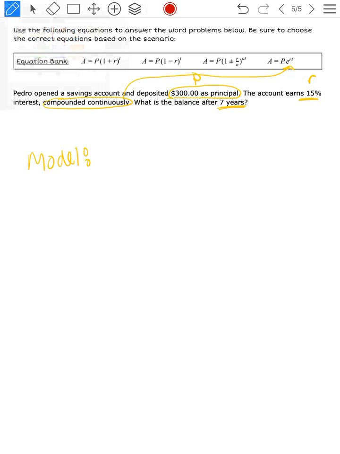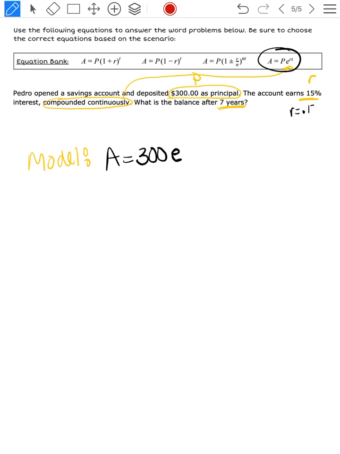There you go, bud. For your model, we're using this fourth equation for compounding continuously. So A is equal to, Pedro starts with $300. E, remember, is not a variable. It's not getting replaced. It already represents a number, 2.7. So 300E.